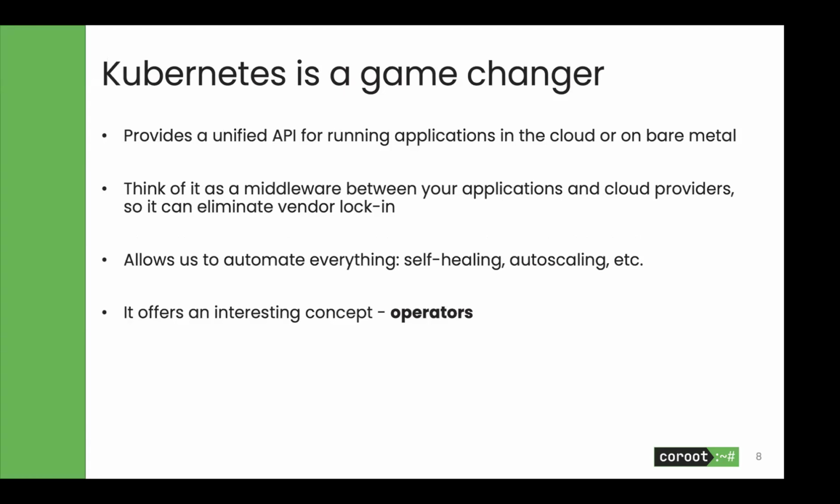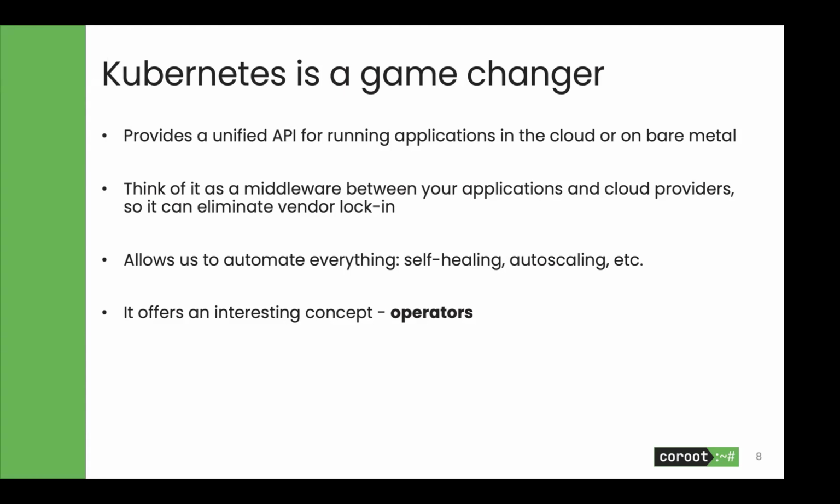And I see that Kubernetes is a game changer here because it provides us with a unified API. So the software that automates our operations doesn't need to know about low level things, for example, bare metal servers.